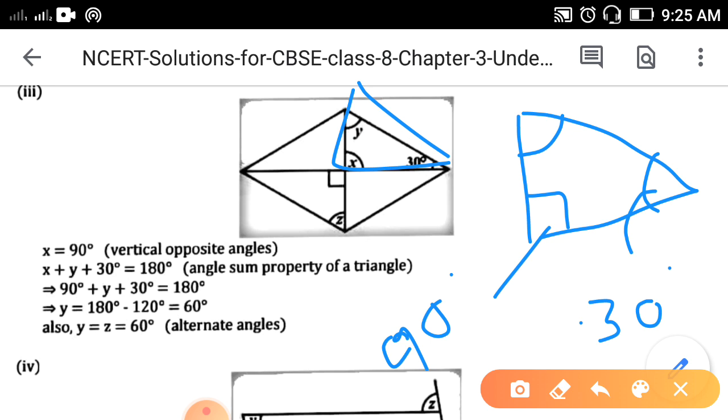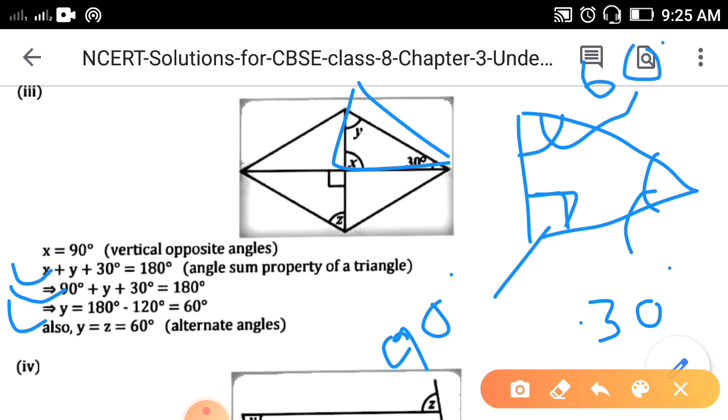What is the angle sum property? The sum of all three angles of a triangle is equal to 180 degrees. We have one of the angles 30 degrees, we have one angle 90, and we have to find out y. So 90 plus y plus 30 is equal to 180. So y is equal to 60 degrees. So this angle is 60 degrees.